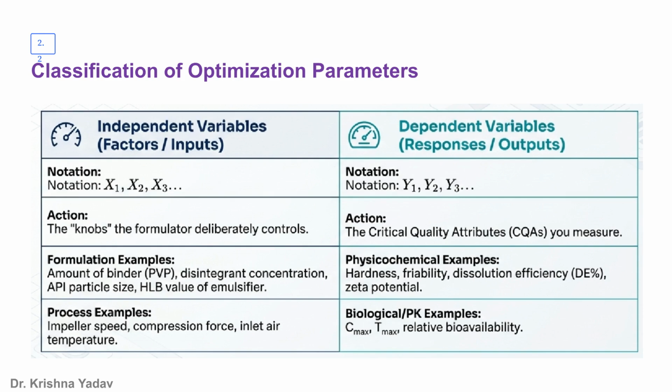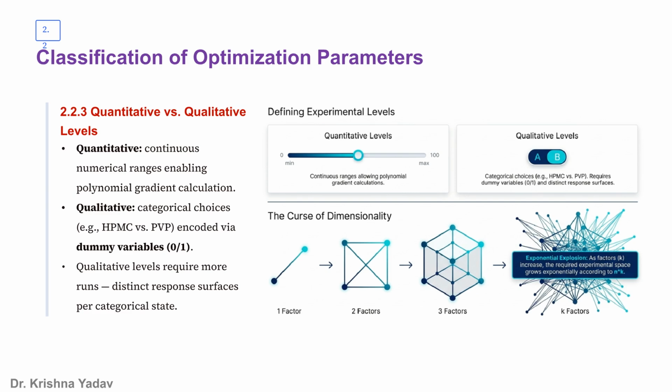Independent variables include formulation and process examples, while dependent variables include physicochemical and biological or PK examples, the CQAs you measure. Parameters can have quantitative or continuous numerical levels, or qualitative or categorical levels.